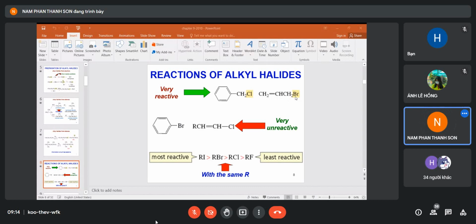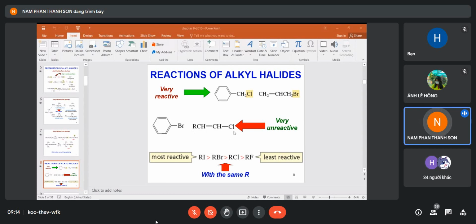Look at the second row. We have C6H5Br, phenyl bromide, or you can say bromobenzene, and CH2=CHCl, vinyl chloride. Be careful, vinyl, not vinine. Vinine is not English, it's from French.